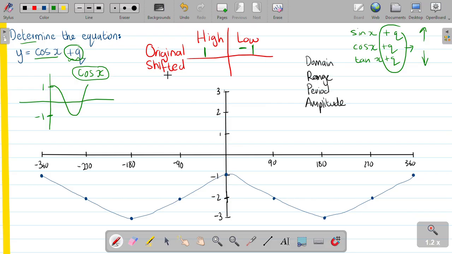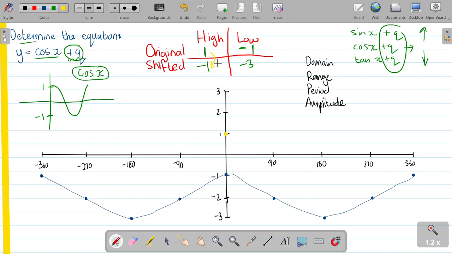Let's have a look at my shifted heights and depths. Let's check the highest point of my shifted graph. The highest point is -1, and my lowest point is -3. Then you ask yourself, what did we do to go from 1, the highest point of a graph, usually over here, down to -1?